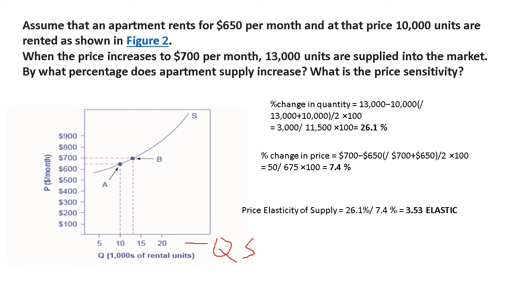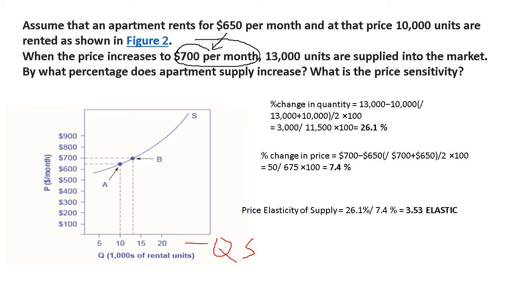And then there was a price increase that happened. The price increase happened at 700. So there was an increase of $50. From 650, it went to 700.